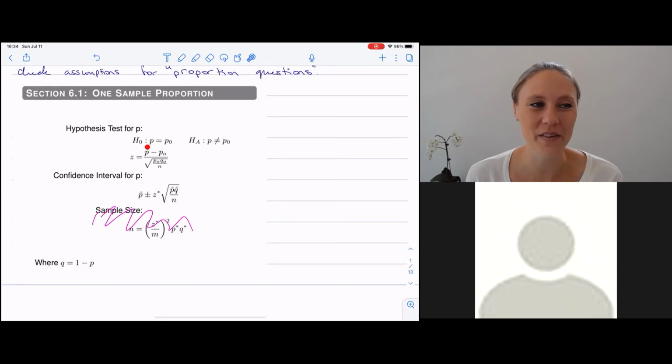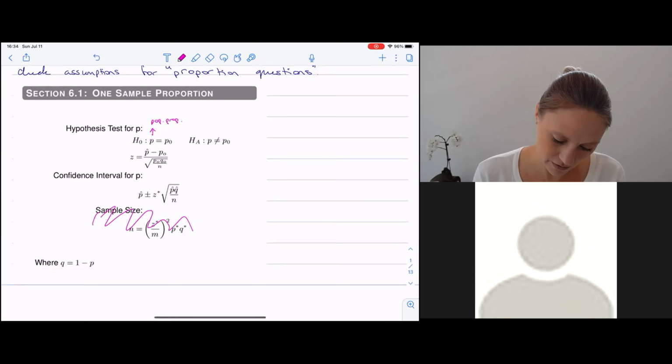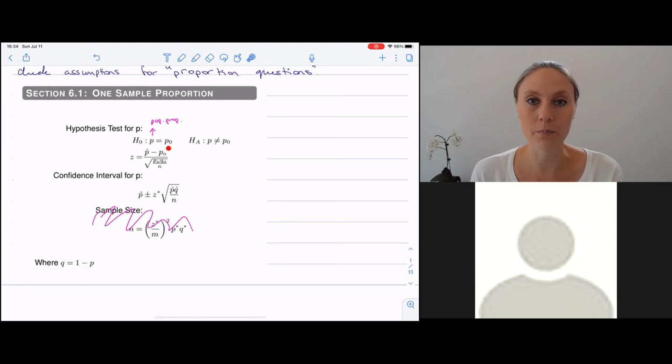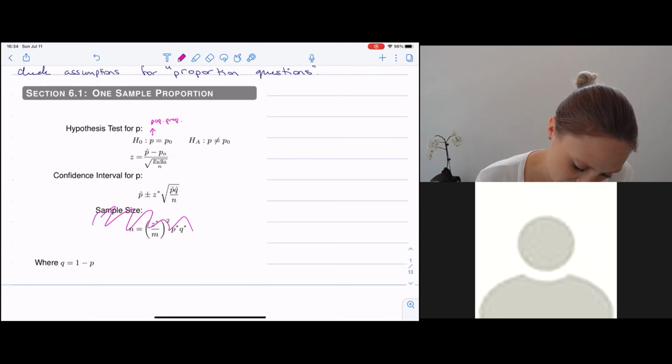So your null hypothesis is going to be that P, remember P is the population proportion, equals some P naught, just like mu naught was a placeholder for some number. That's exactly what it is for P naught as well.